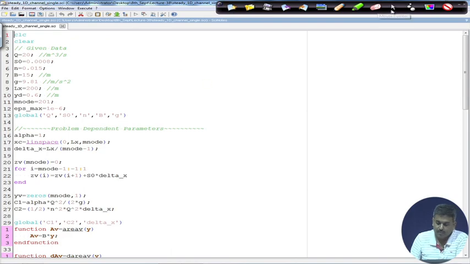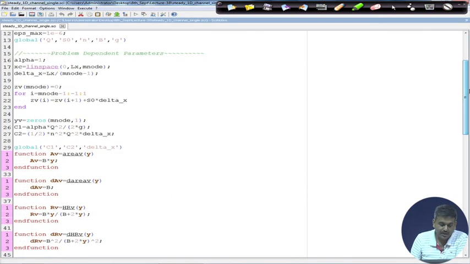Now, what are these problem dependent parameters? Problem dependent, we need alpha. For single channel, I have considered alpha equals to 1, xc which is linspace between 0 to Lx, I have generated for m node, that means m node number of nodes which is 201. This del x is Lx divided by m node minus 1, that means it should be divided by the number of segments.